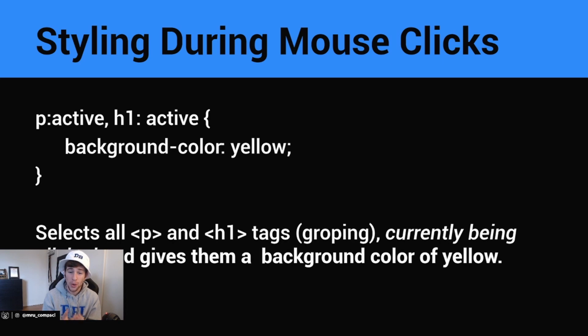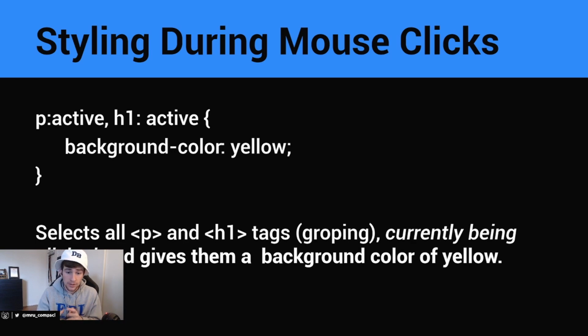styling during mouse clicks, right? What does it do? It selects all paragraphs in a grouping. We are grouping our selectors currently being clicked and gives them a background color. So p active, h1 active, and h2 active.